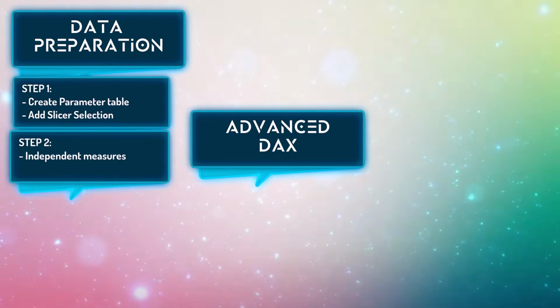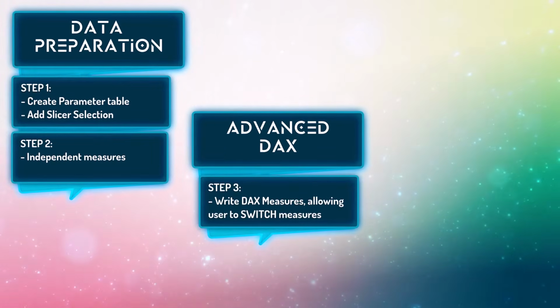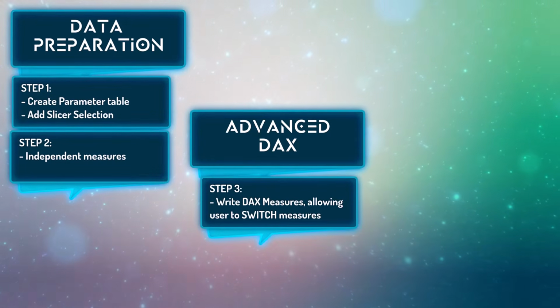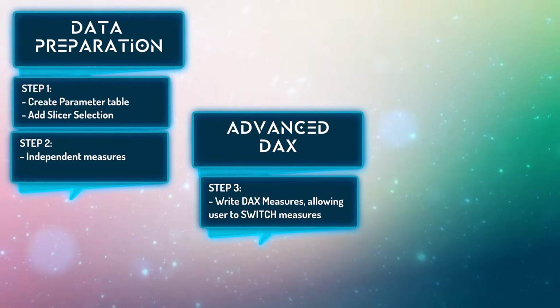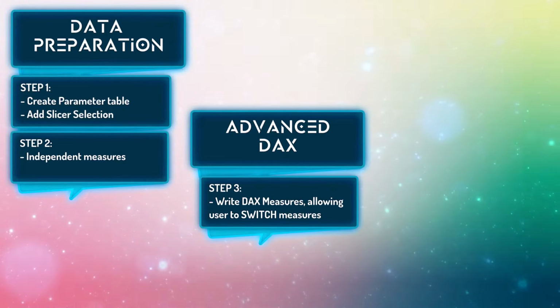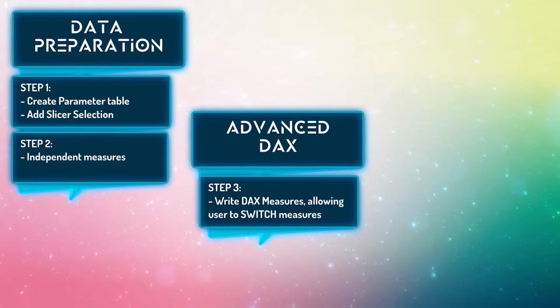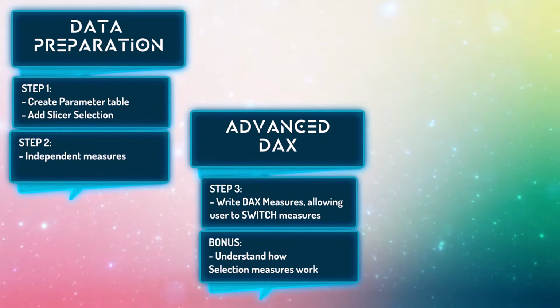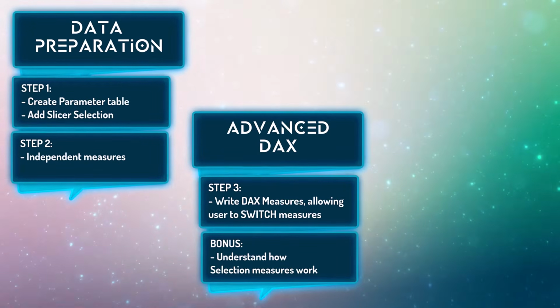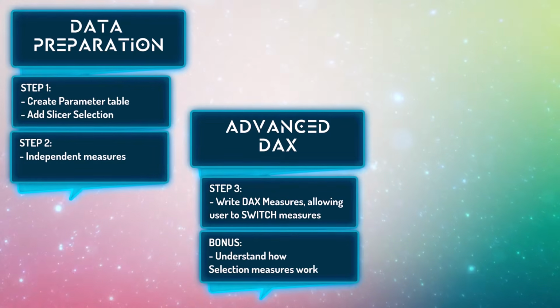Second, we will start to write advanced DAX code. This is where the magic happens. We will use advanced DAX to read the slicer input and return the right measure dynamically. And as a bonus, we will also spend some time to dive deeper into the logic behind our DAX formula.